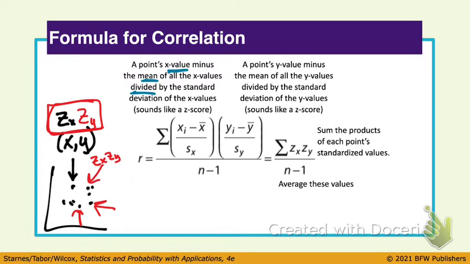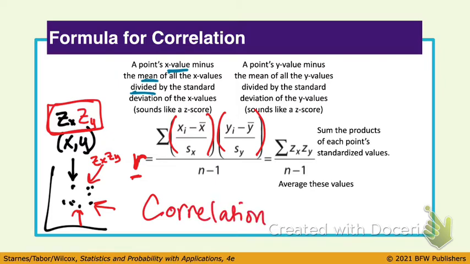Here's the big thing to know. The correlation value, r, is made up of two z-scores that have been multiplied together and then added up with all the other products. So that means that correlation is a standardized value.